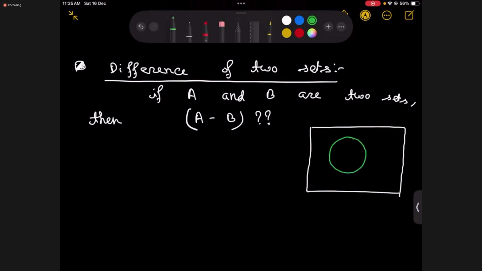This is our A, and this is our B. This contains the blue lines. Okay. Now what about A minus B? So A minus B is denoted like this.